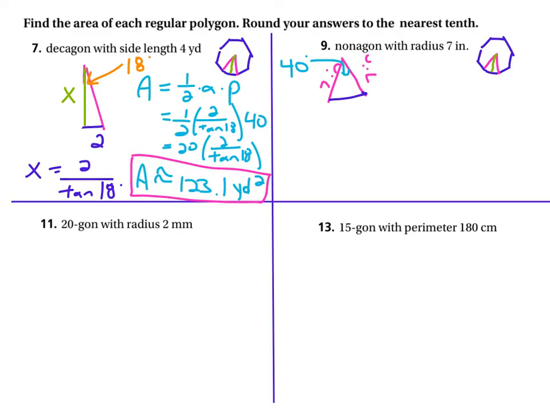In this lesson, we learned a special formula, which is this. The area of one of the small triangles is equal to 1/2 the side length, 7, times the other side length, 7, times the sine of the included angle, sine of 40.